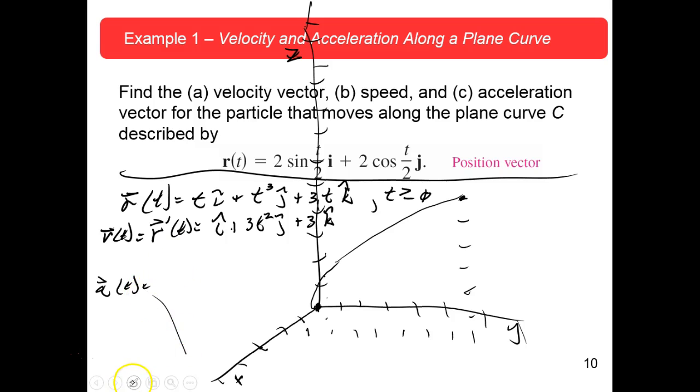I was waiting for an answer. All right. Is the first derivative of your velocity vector, which is the second derivative of your displacement vector.